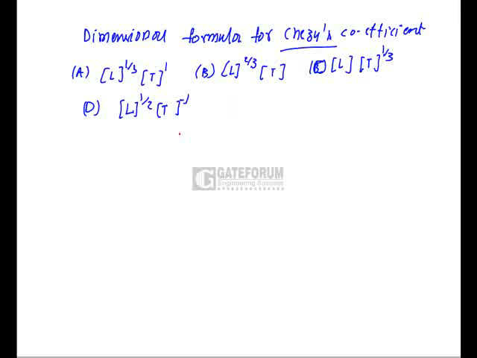What is the dimensional formula for Chezy's coefficient? The Chezy's equation is V equal to C root RS, where C is the Chezy's coefficient, used to find the velocity of flow.